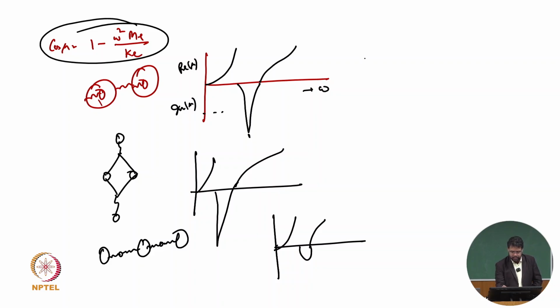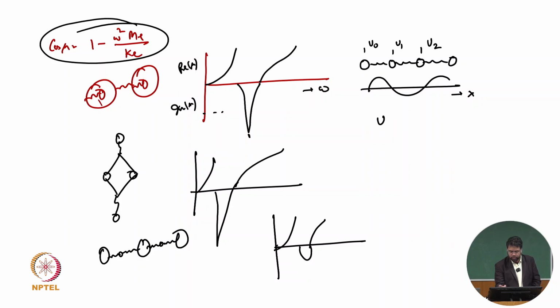Because if you see how the mu is actually coming, mu is basically like the wave. If a wave is propagating into that, let's say this is my u2, u1, u0.